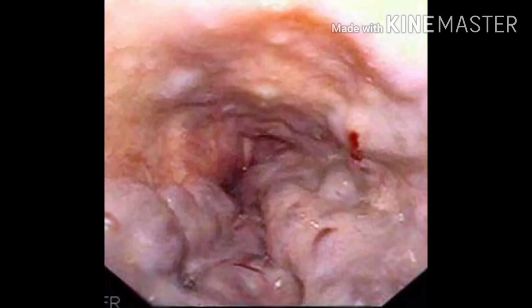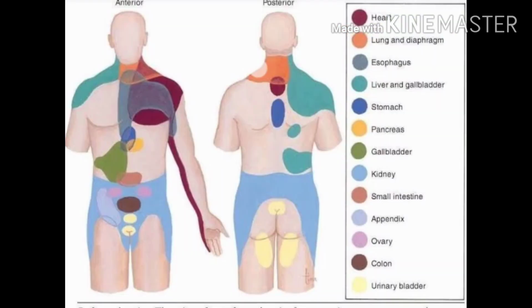As a result, the collateral channels of the portocaval anastomosis not only open up but become dilated and tortuous to form the esophageal varices. The ruptured esophageal varices causes hematemesis or vomiting of blood.